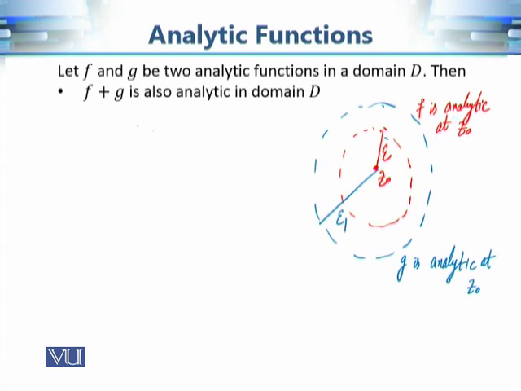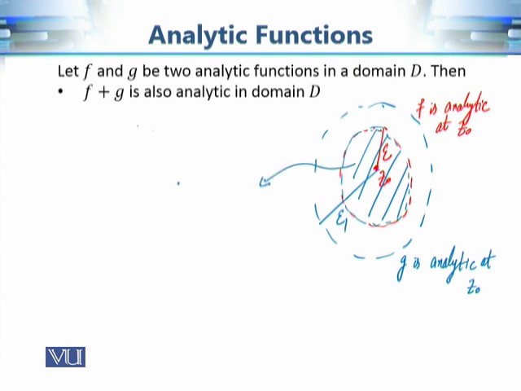In this case, since we are taking epsilon to be less than epsilon 1, we can say that in this shaded neighborhood, f and g both are differentiable.